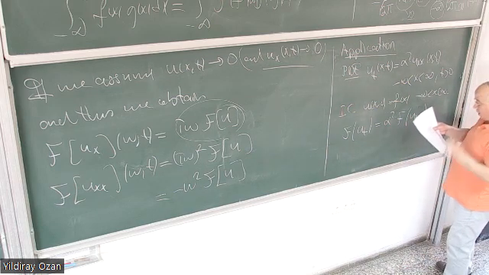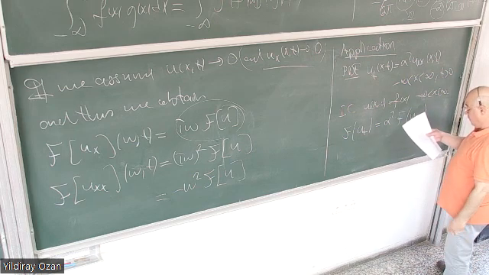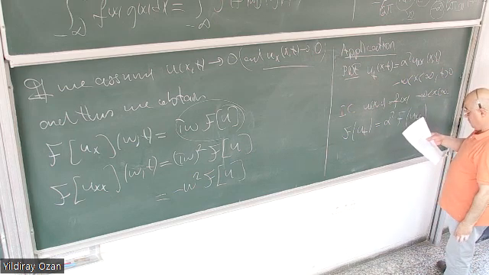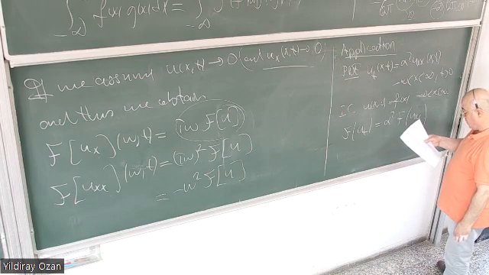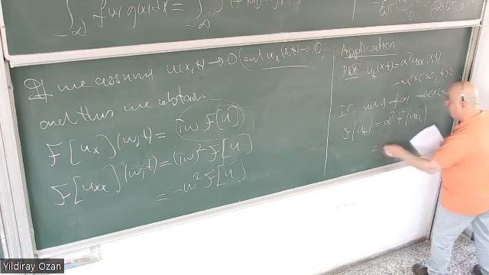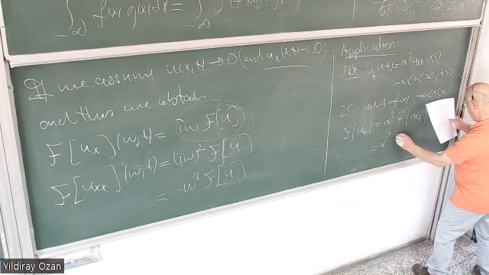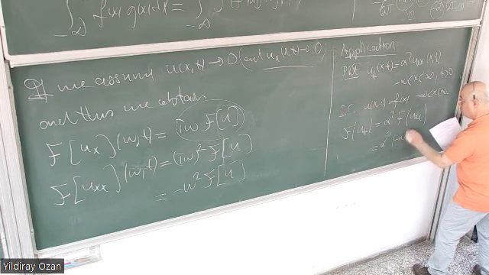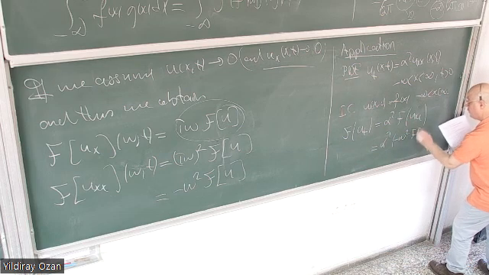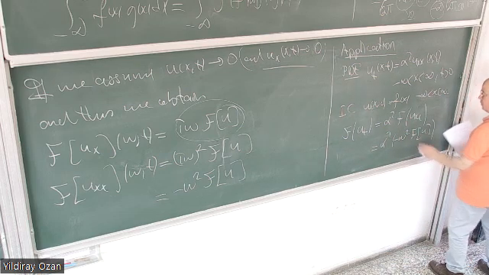Alpha squared, bunu compute ettik. Minus w squared times the Fourier transform of u olacak.